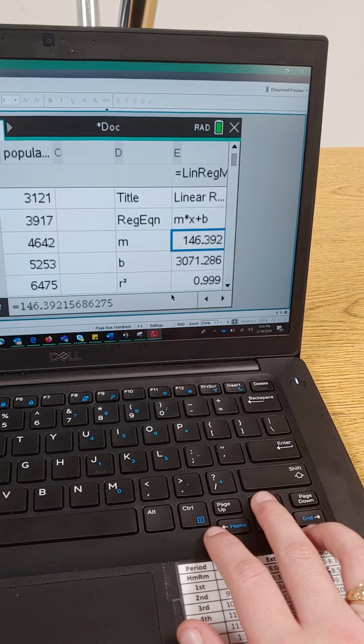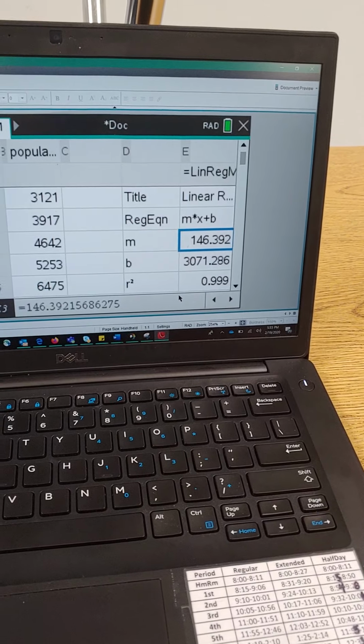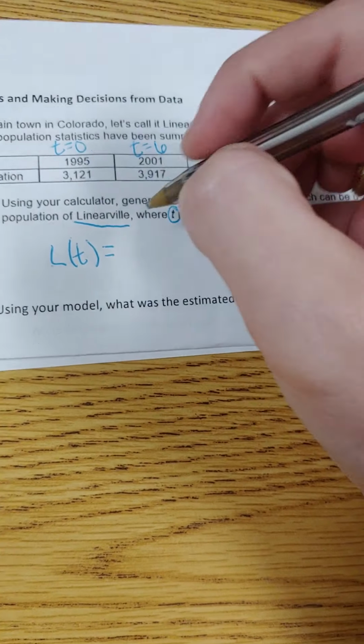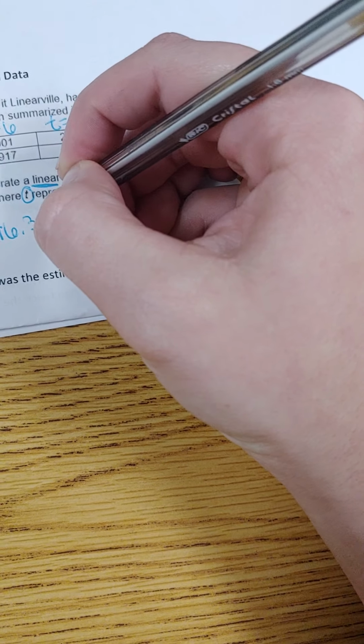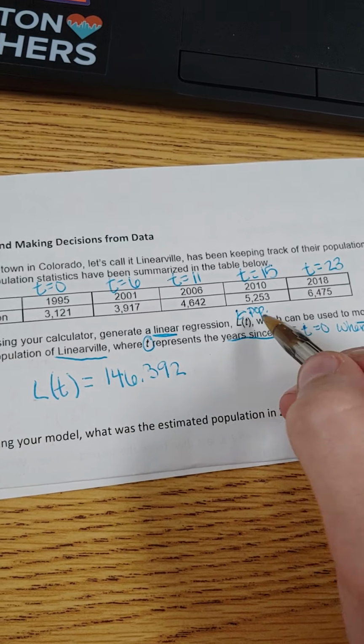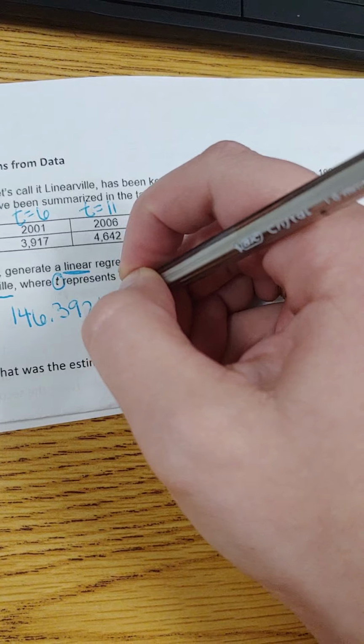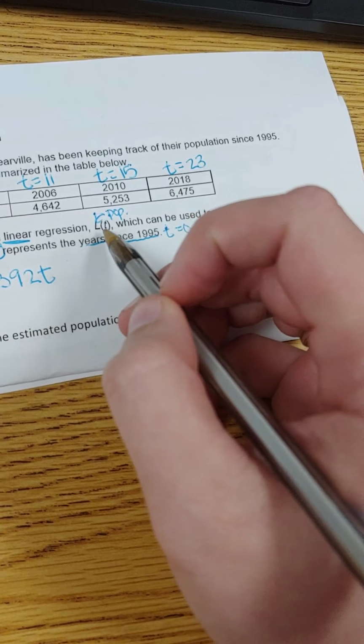So my equation is going to be m, which is 146.392, notice 3 decimal places, times x. Well, in this case, we're talking about t instead of x, so I'm going to make sure I use t because they said to make an equation L of t.